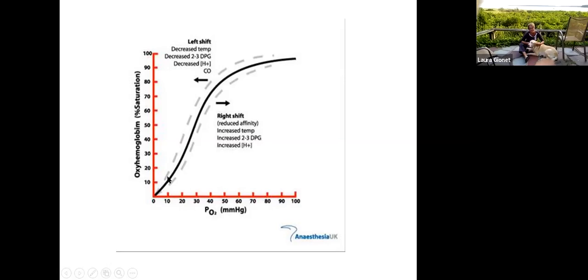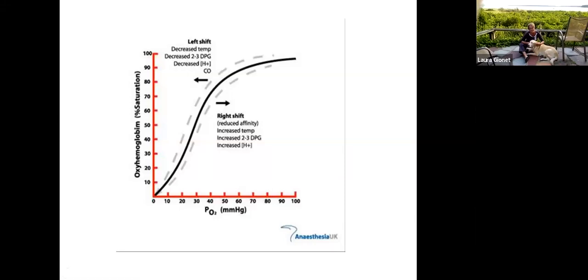The black solid line in the center shows you the normal relationship between saturation and the partial pressure of oxygen. Given a certain partial pressure, like at 40, you will have almost a 70% saturation rate.